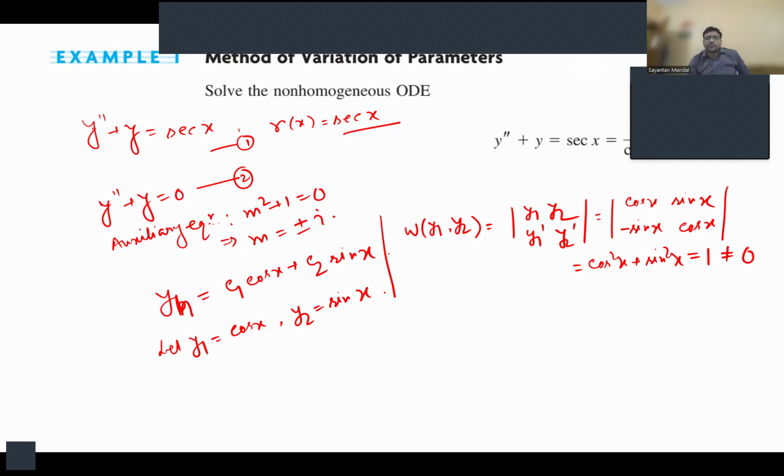So hence we can use the method of variation of parameters nicely. Now you can find yp either using the whole method, or you can use the particular formula at the end. So if you go back to the formula, what is it?